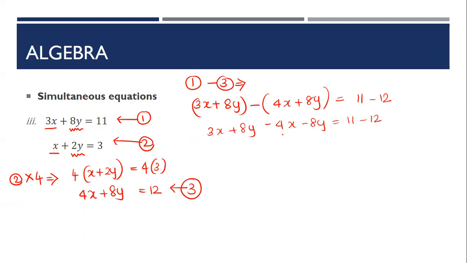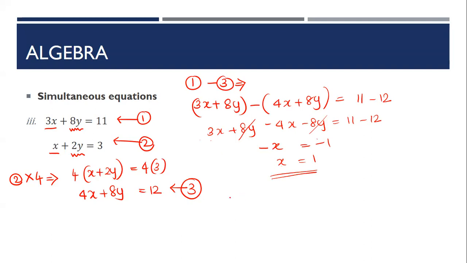The 8y minus 8y is cutting, 3x minus 4x is minus x, and 11 minus 12 is minus 1, so x is plus 1. So we are getting our answer, the x value is 1.